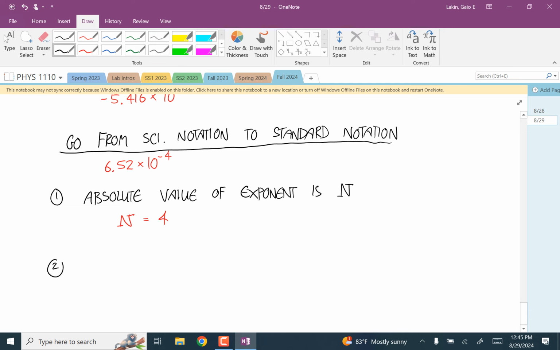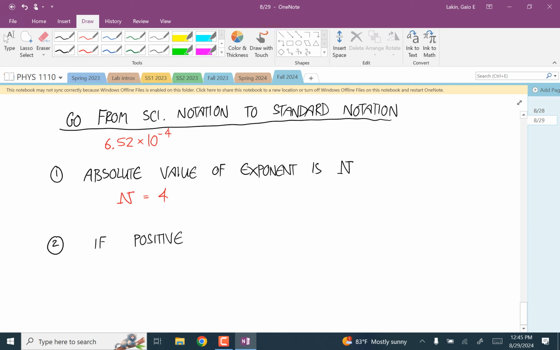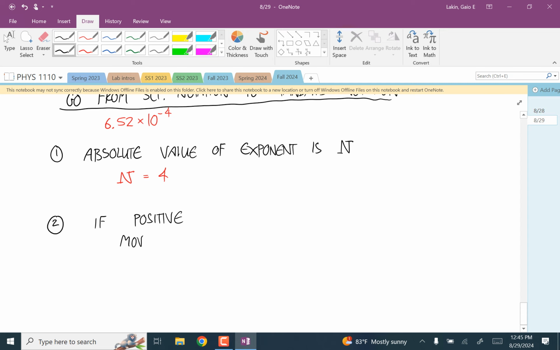And then for the second step, if the exponent is positive, then move the decimal point n places to the right.